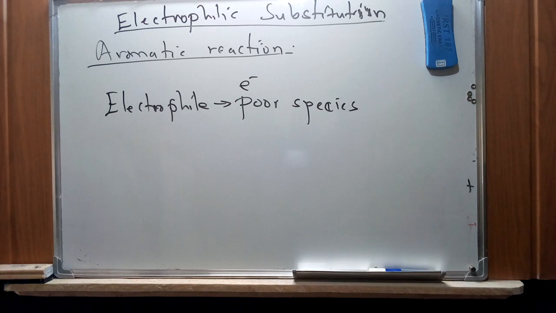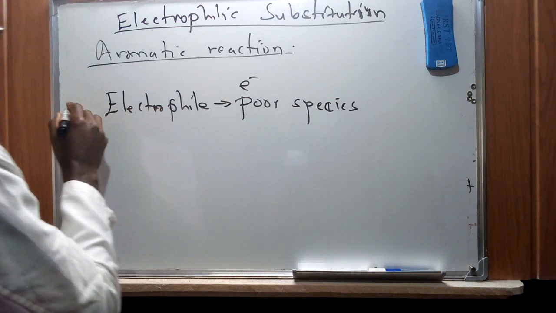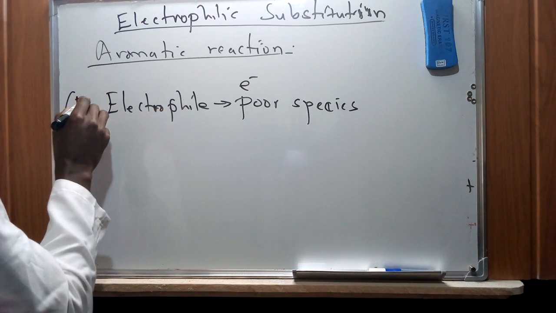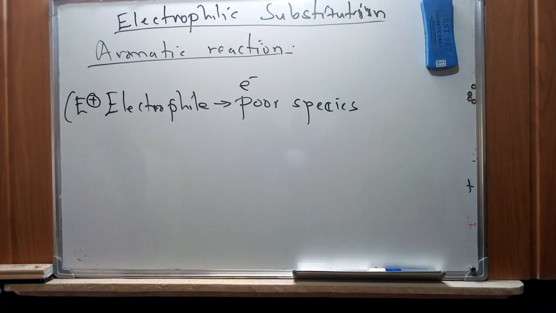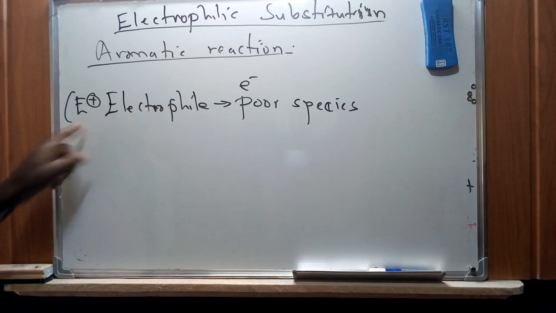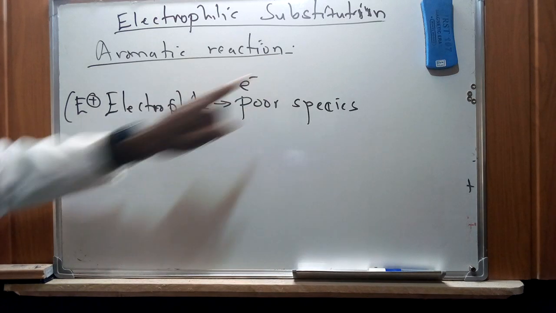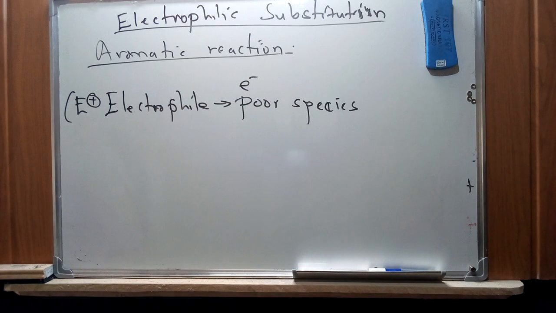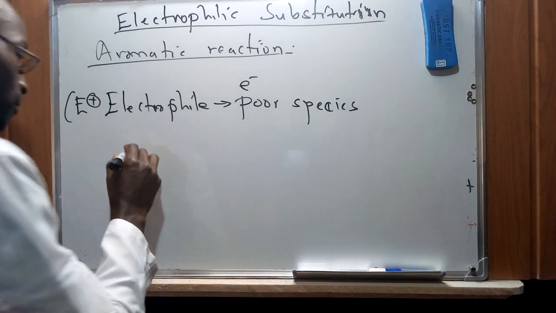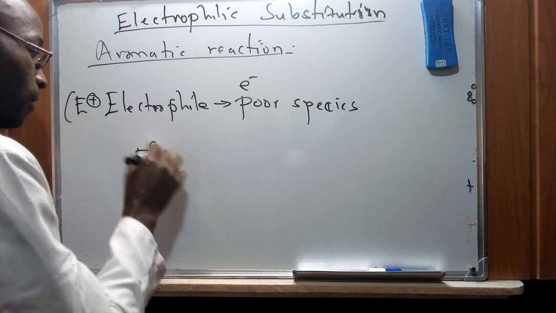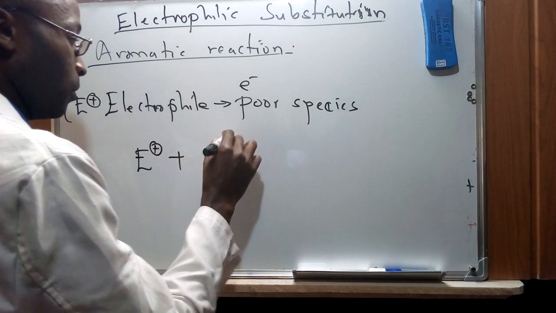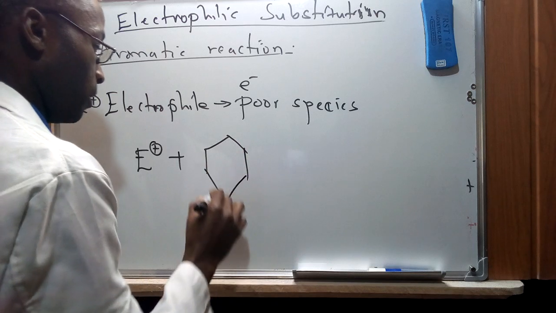So in this case, we're going to represent the electrophile using this symbol. It's a positive charge, from the law of attraction: since electrons are negatively charged, it will have to be positive. So in that case, we will have a general demonstration of an electrophile interacting with an aromatic compound, which is benzene.